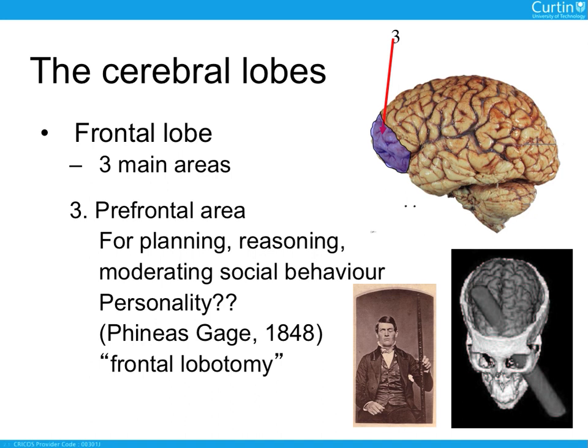He became easily angered, and there are historical records that his colleagues said he just wasn't Gage anymore. That's probably because this railroad spike came through and knocked out his center for personality, the prefrontal cortex. Amazingly, he survived. It really is a true tale for neuroanatomy, and it's the basis for our knowledge in neuroanatomy.